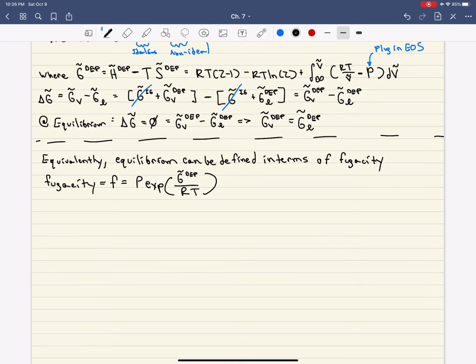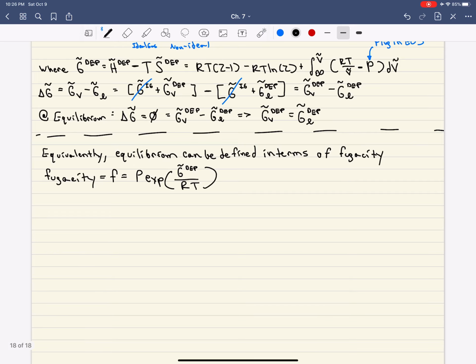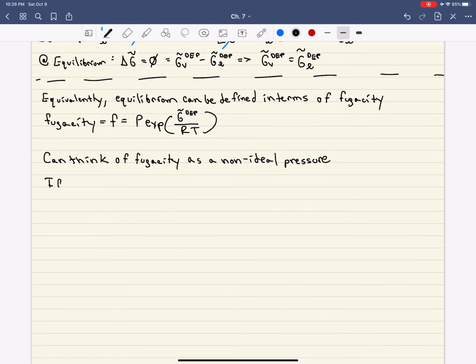As far as the physical meaning of fugacity, the way I think of it, and the way I encourage you to think of it, is that it's just a non-ideal version of pressure. Because if you're dealing with an ideal gas, by definition, your departure function would be equal to 0.